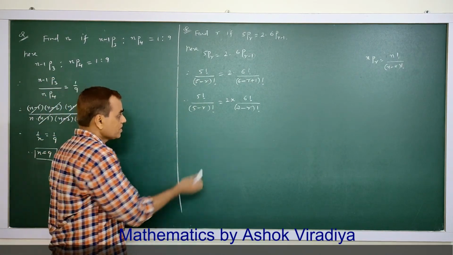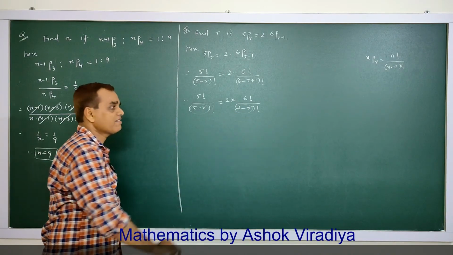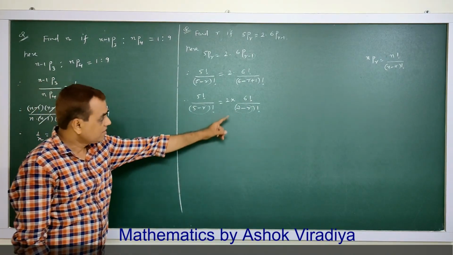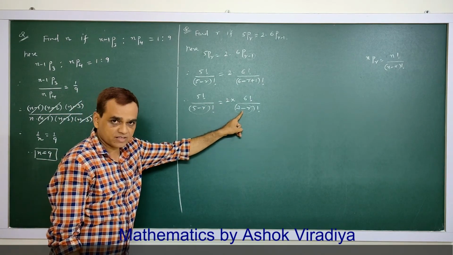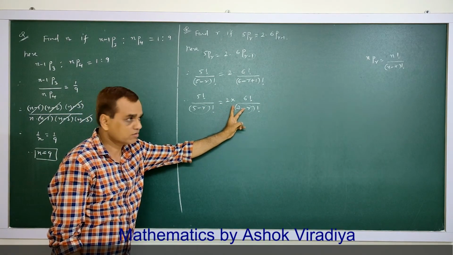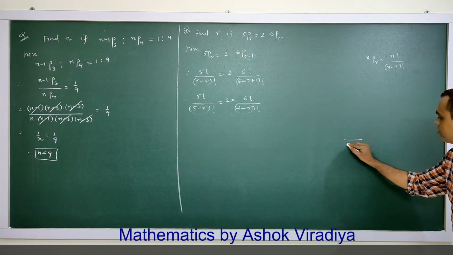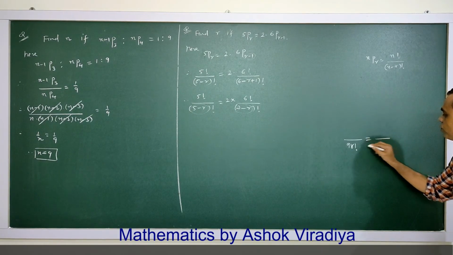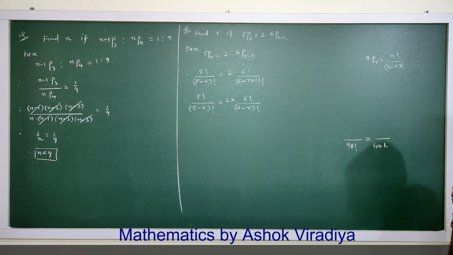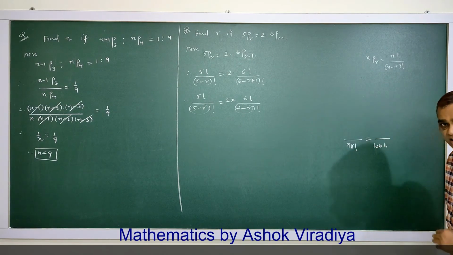Now look, this is (5 minus r) factorial, this is (7 minus r) factorial. This number is 2 greater, 2 factorial more. As for example, suppose one side 98 factorial, other side 100 factorial.